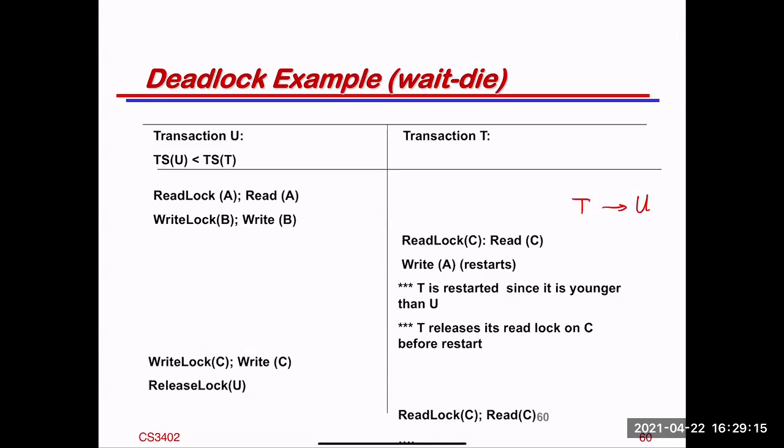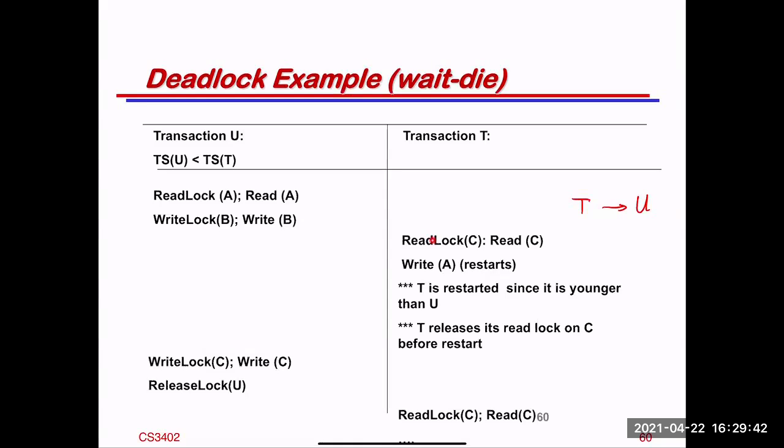Okay. And here it can just release all the locks because it's done with its operation. All right. And finally here, transaction T can acquire a read lock on C and then perform its read on C, right? So this is the point where transaction T has restarted.